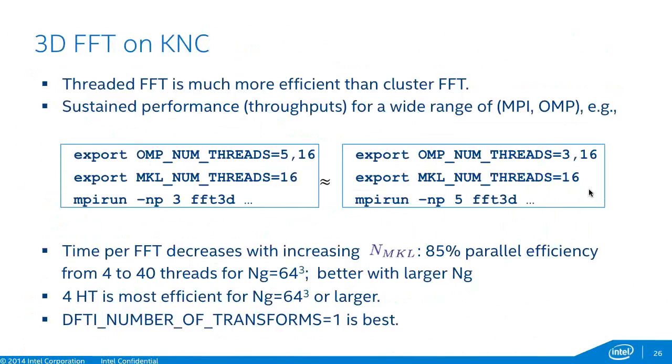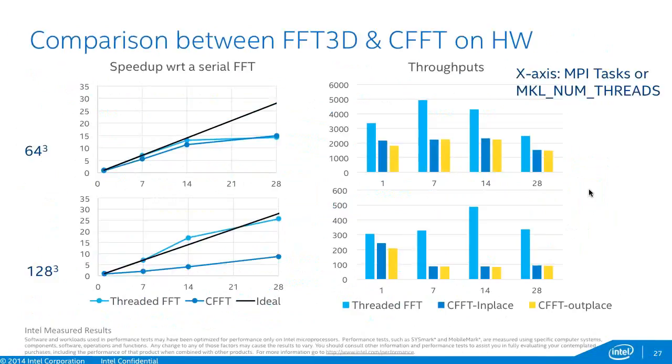For instance, depending upon the problem, we will just do different things. So you should be able to carry out similar experiments at a micro kernel level, but put together at the end for your application. Similar stories emerged from Haswell, in fact. So I'm comparing the cluster FFT with the threaded FFT on Haswell.